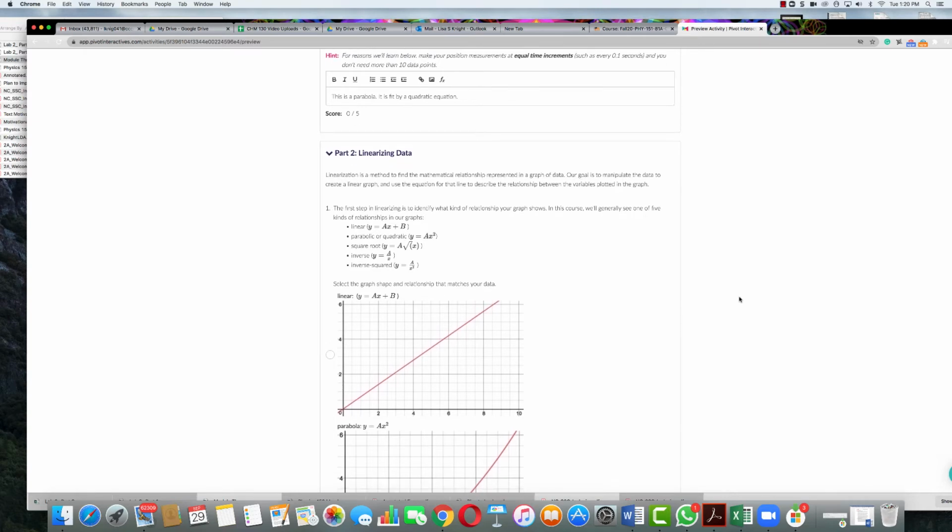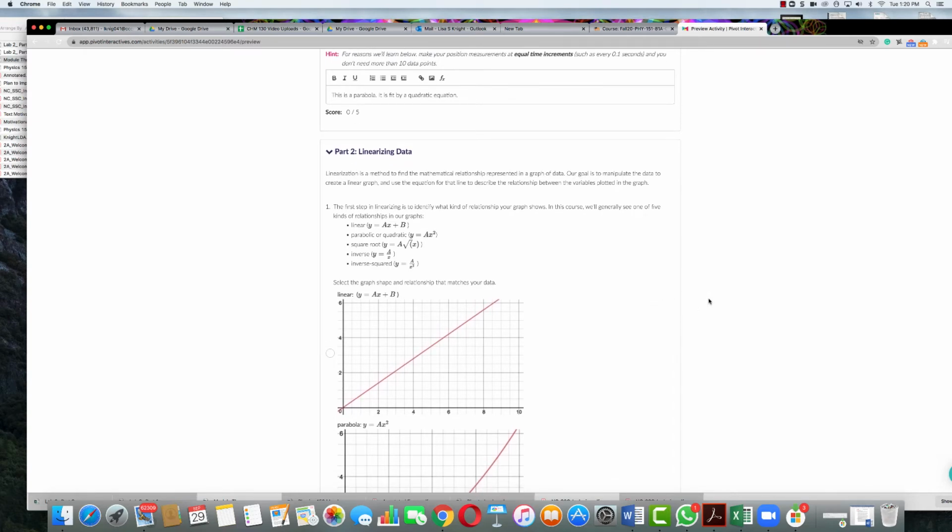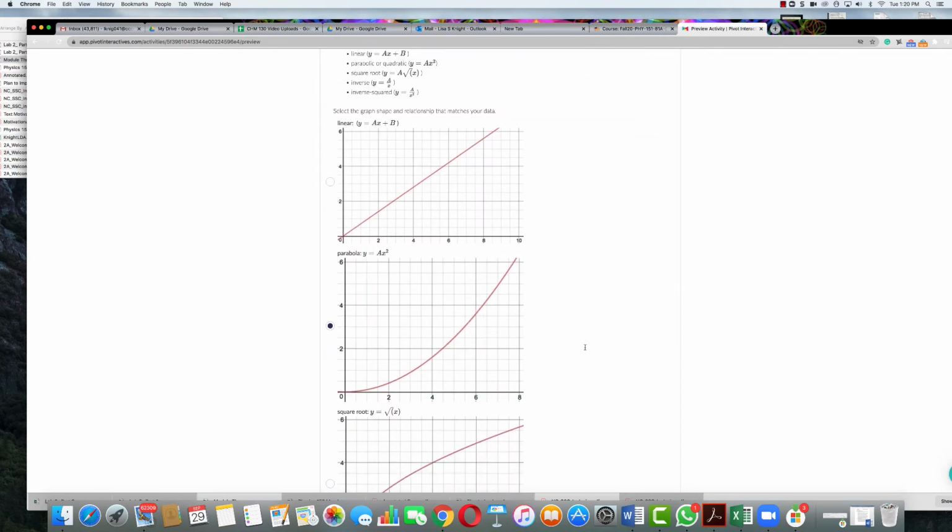All right, and the next part of this is to linearize the data. So one method to look at the relationship between two variables like position and time would be to take a curve like this quadratic, y equals ax squared, and to flatten it out. So right now it's a curve because you're plotting y as a function of just time. But if I plotted y as a function of time squared on the x-axis, then it would flatten out.